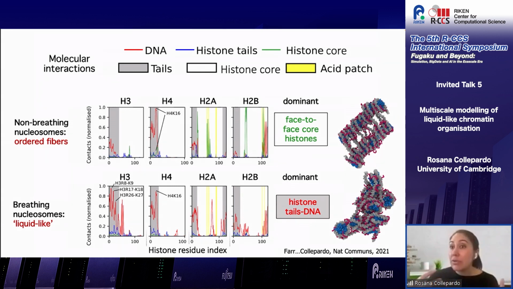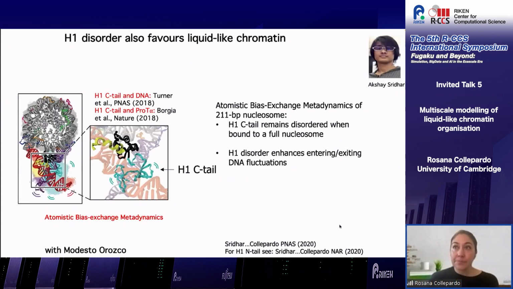So protein disorder gives rise to chromatin disorder as well, which I think is very interesting. Now, binding of disordered proteins to chromatin also destabilizes the rigid fibers and promotes liquid-like chromatin organization.